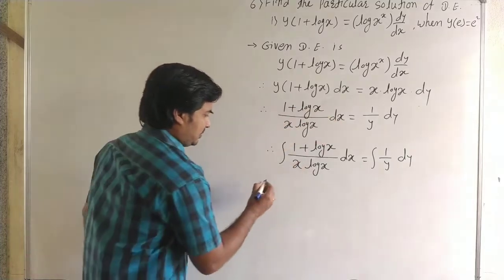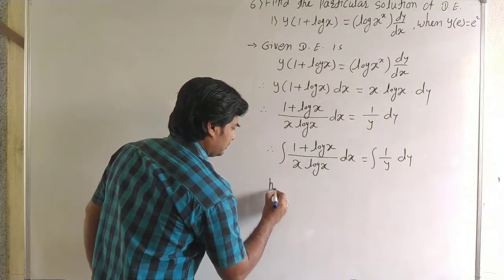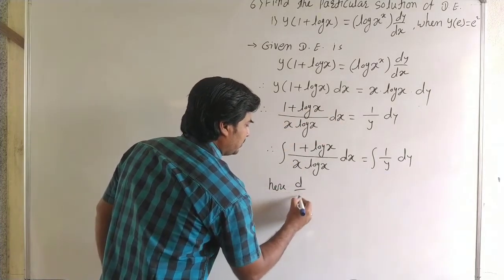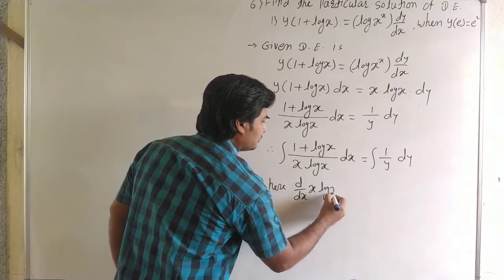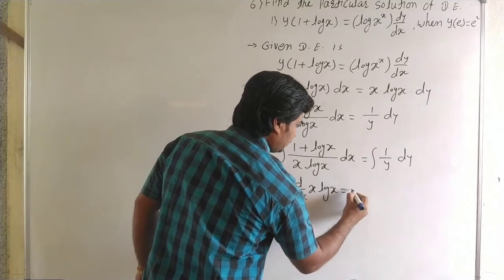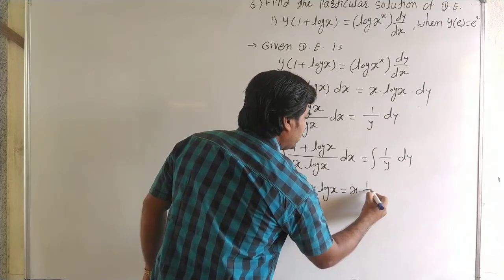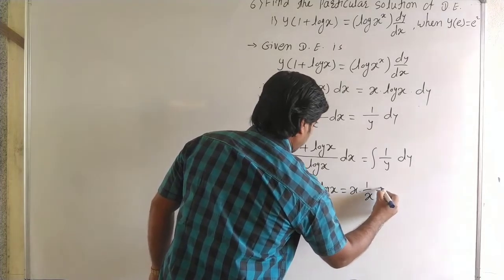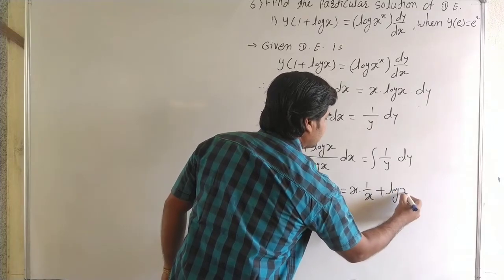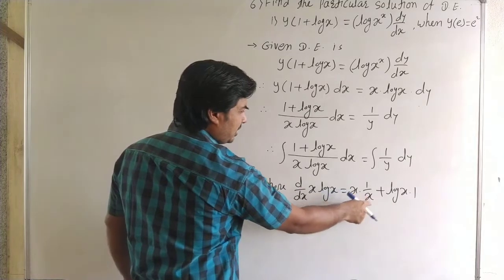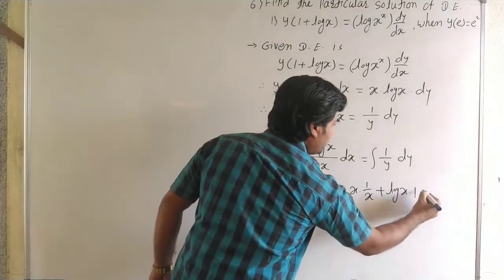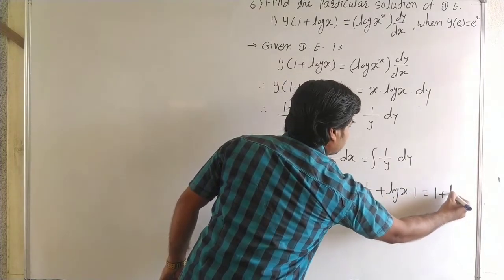Okay. Here see carefully. The derivative of x into log x is equal to x into 1 by x plus log x into 1. See carefully: first as it is times the derivative of the second, plus second as it is times the derivative of the first. That means here it is 1 plus log x.